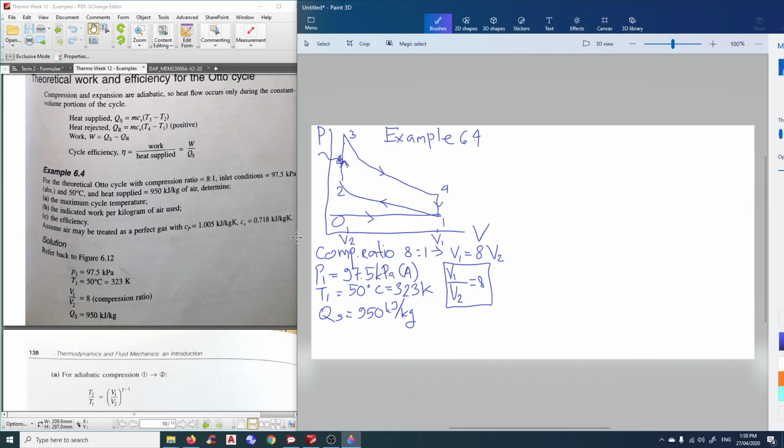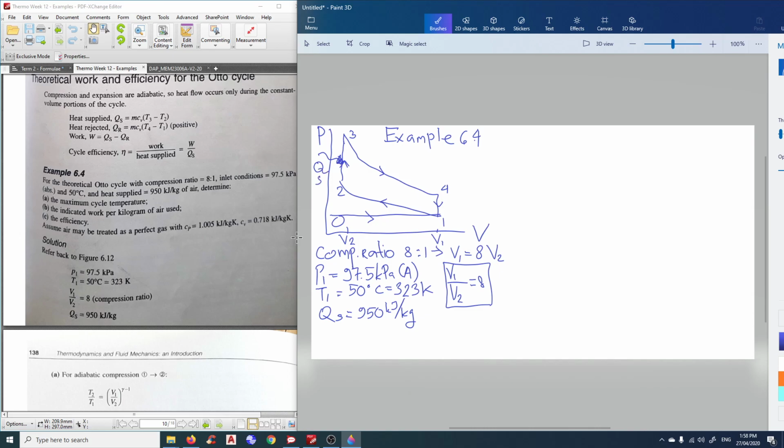Remember, 2 to 3 is internal combustion. So 2 to 3 is compressed, and then the spark plug will ignite, then there is combustion. So the heat is being added here. We're just going to call it Q supply. And where is the heat being exhausted?